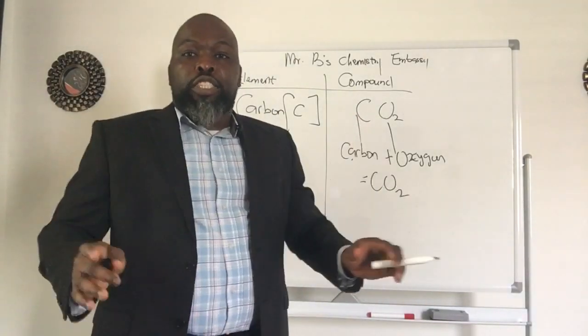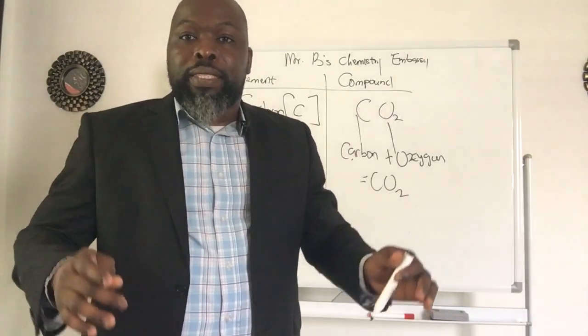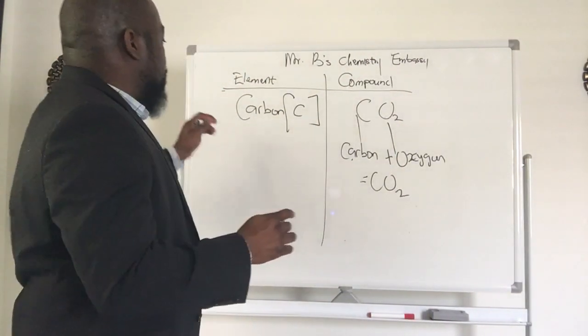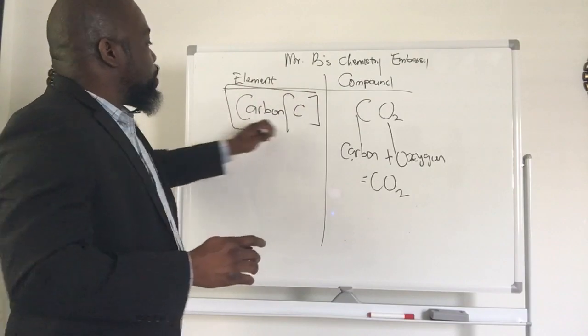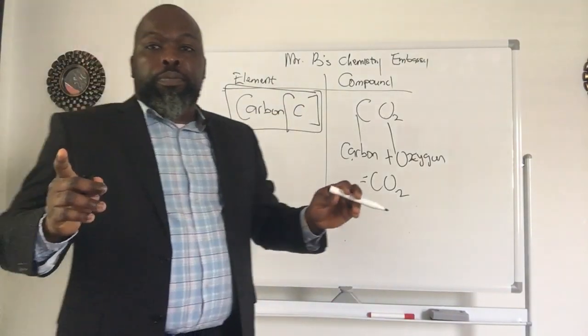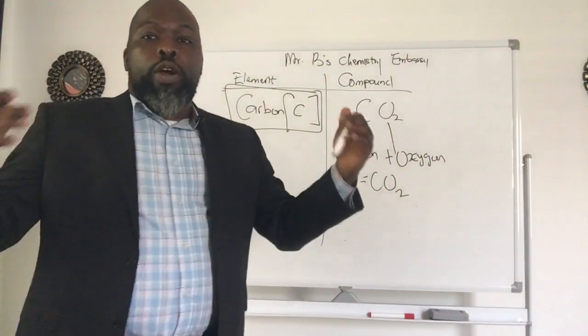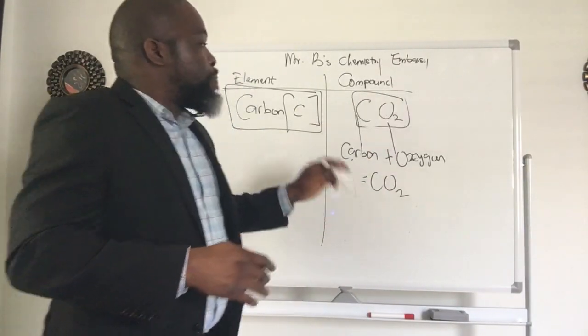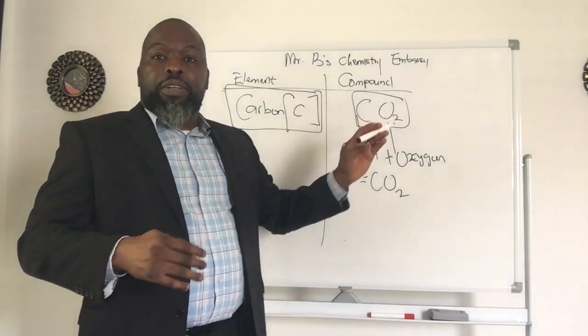That is the major difference between an element and a compound. So once again, an element is what? A single thing on the periodic table. And a compound is when you join two or more elements together. An example, like I said, is carbon dioxide.